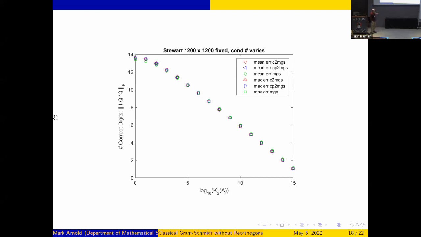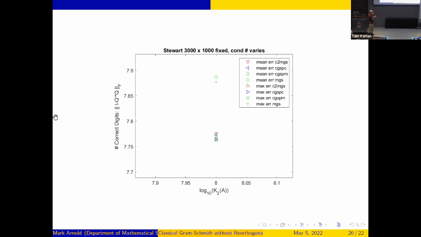And just in case people didn't believe, there's a 1200 by 1200, and then 1800 by 1800. And then here I zoomed in. So here we're looking at a condition number of 10 to the 8. Again, vertically higher is better. And you can see that the green O is modified Gram-Schmidt.